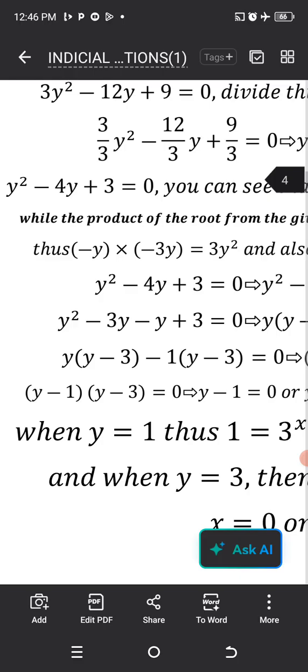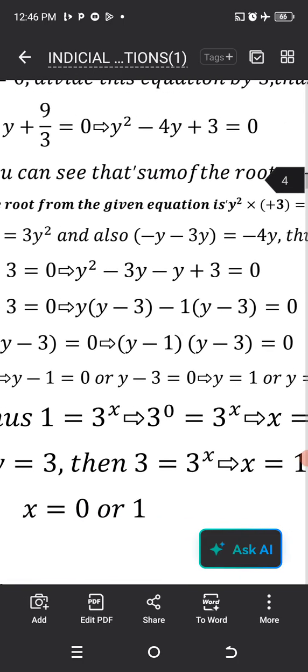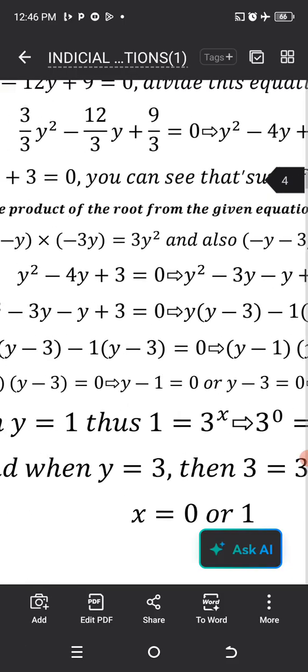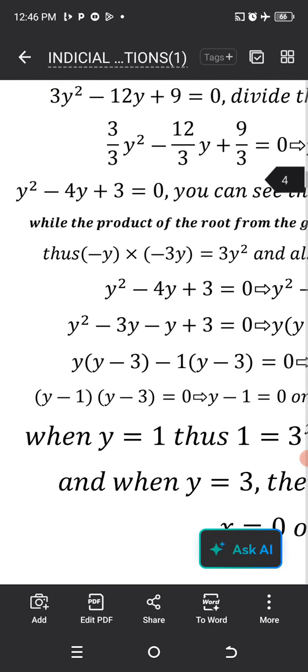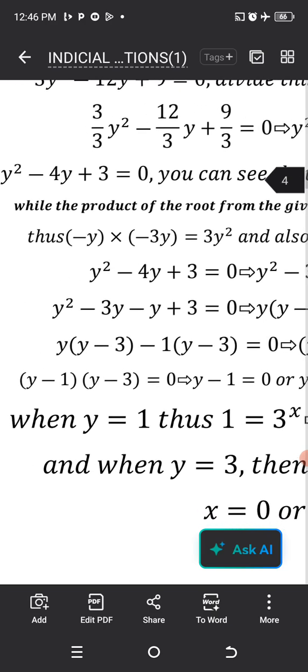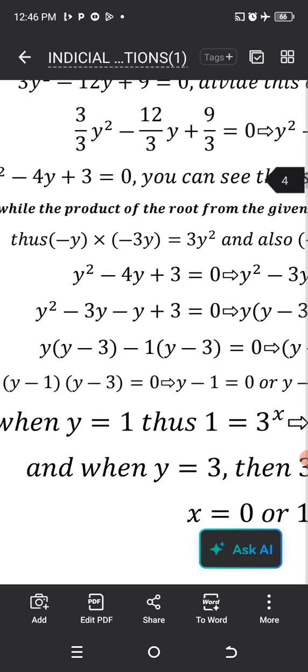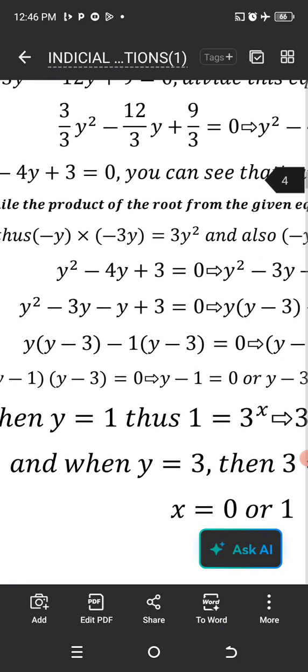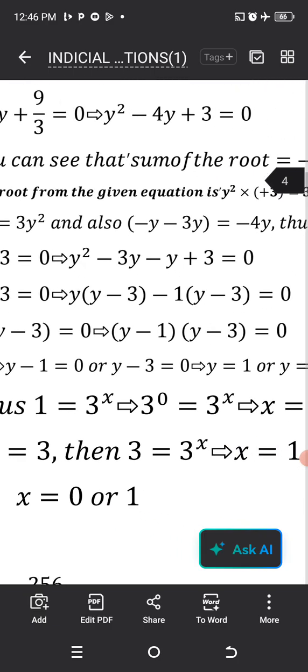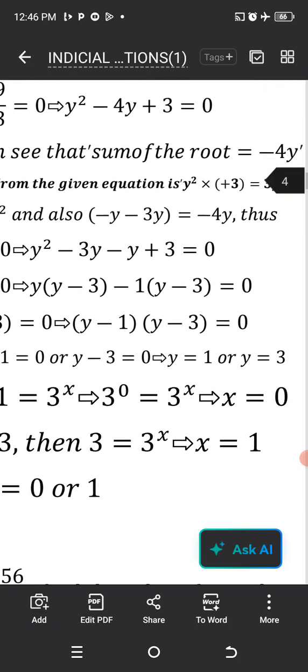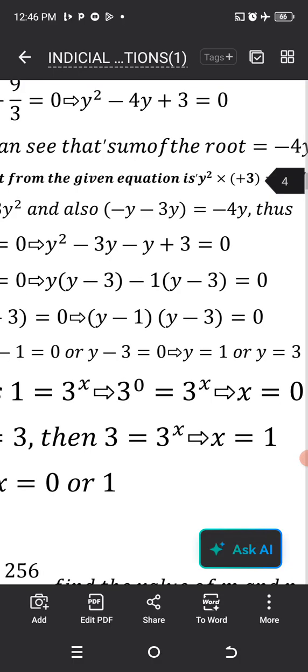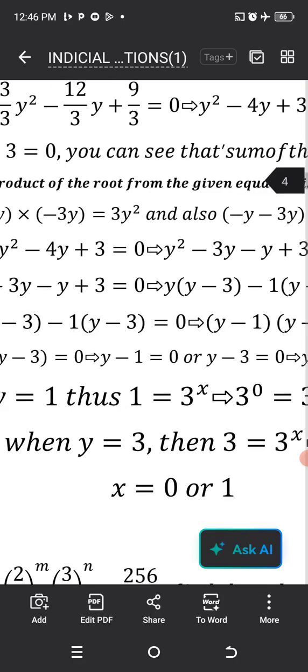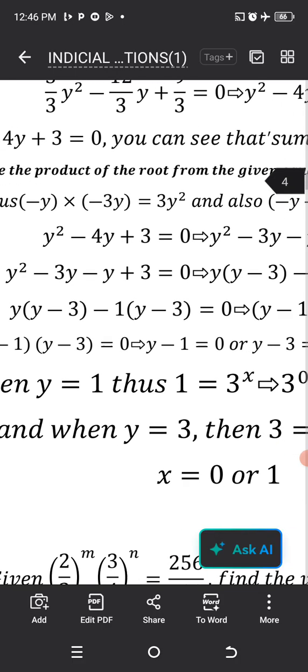For you to pick any factor, it must obey the sum of the roots and the product of the roots. Using minus y and minus 3y, it obeys the product of the roots, and if you add them together, minus y minus 3y, it obeys the sum of the roots too.